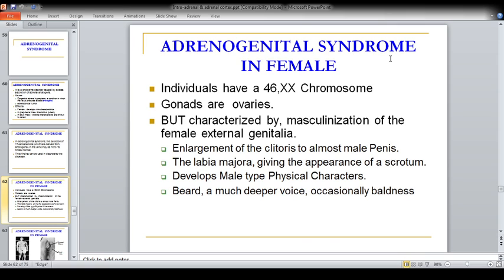Why are we discussing these? Because there are some syndromes in which there is trisomy, where an extra chromosome is present, so the patient would look like 47XXY, or there is deletion, 45XO. So in Klinefelter's, in Turner's, we would see these kinds of things.